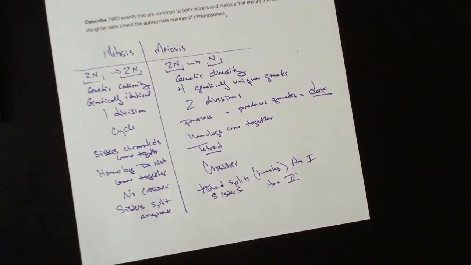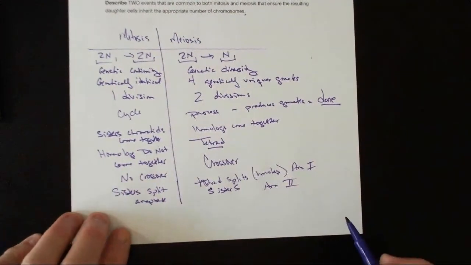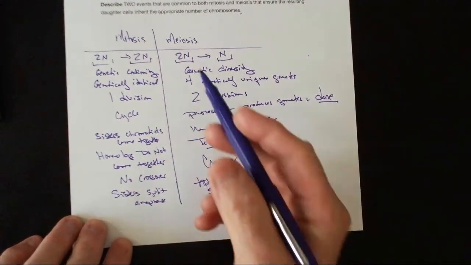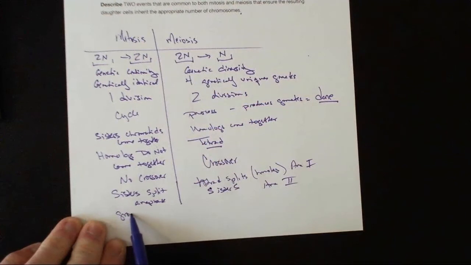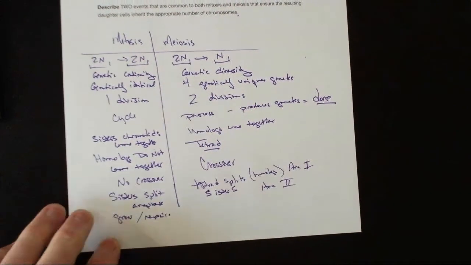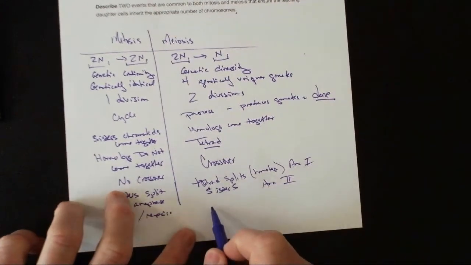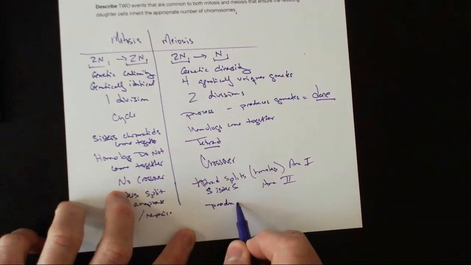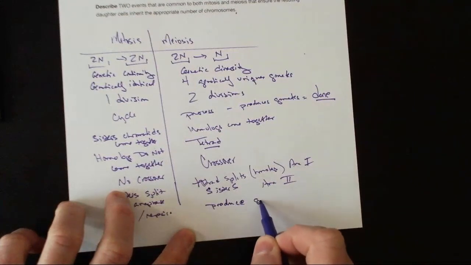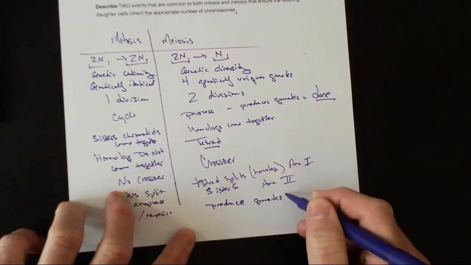Finally, a difference that I would want to mention is that mitosis is for growth and repair, to replace old cells, whereas meiosis, the purpose of meiosis is to produce gametes for sexual reproduction.